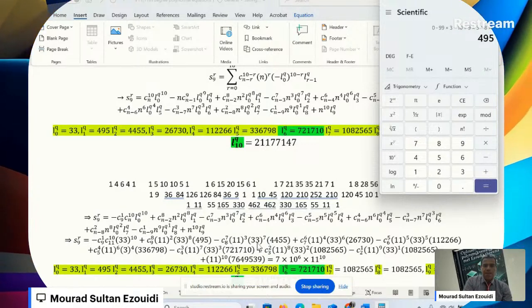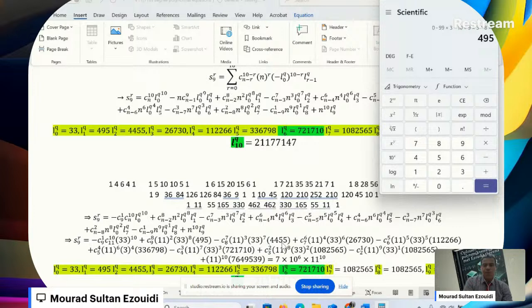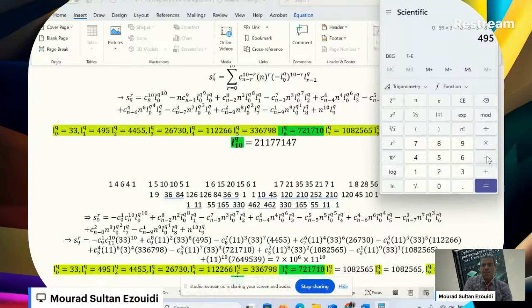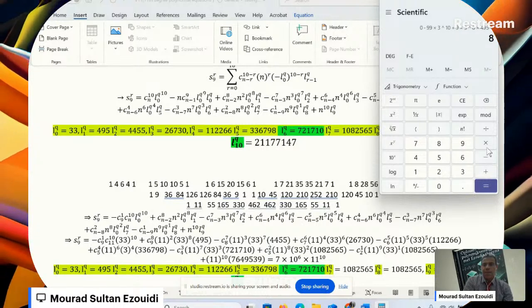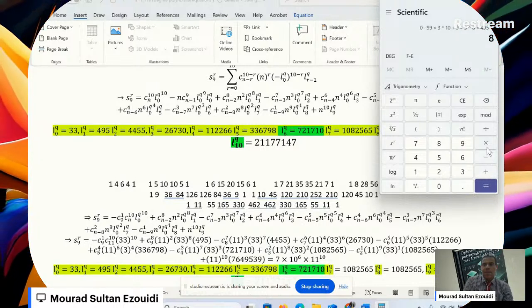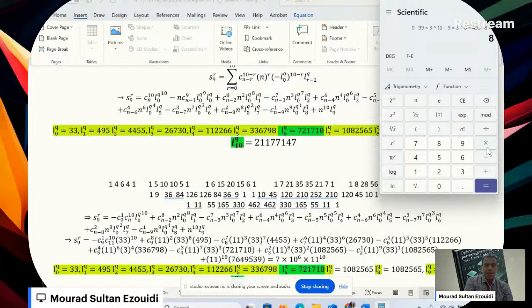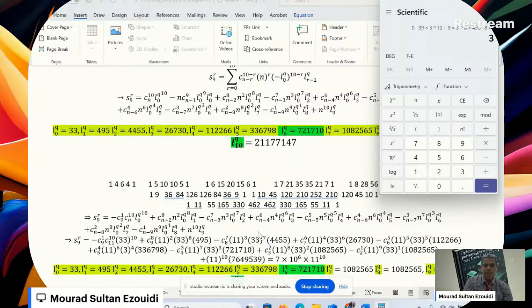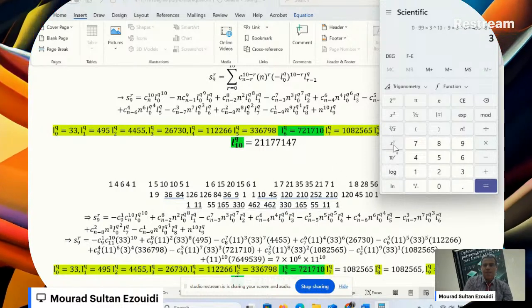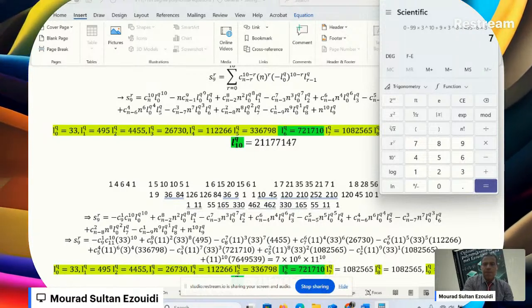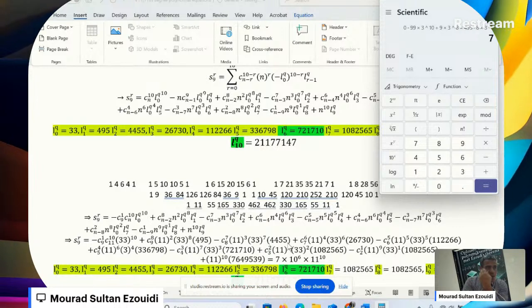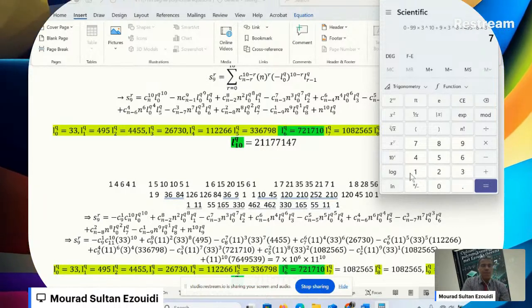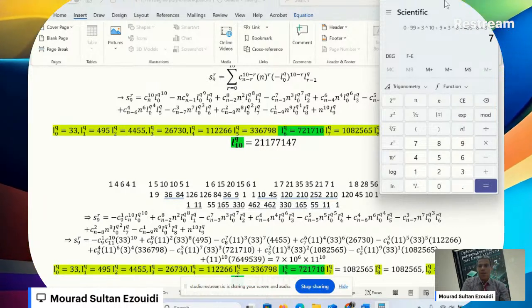We move to the next: minus 8 multiplied by 3 raised to the power 7, times 4,455. Then multiply by 4,455.